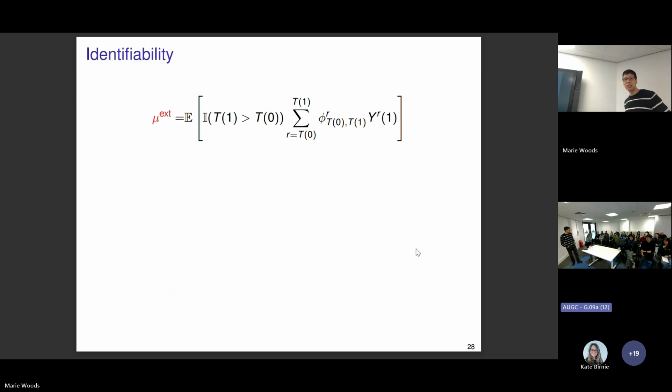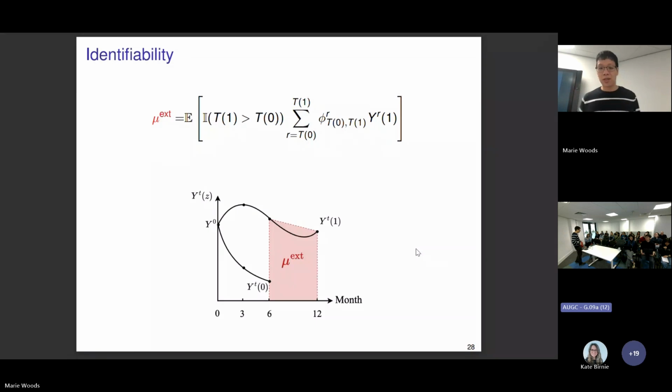So the second part of the story is the outcome in the extended survival period. If you look at this plot, this will be the area under the curve during this additional time period.